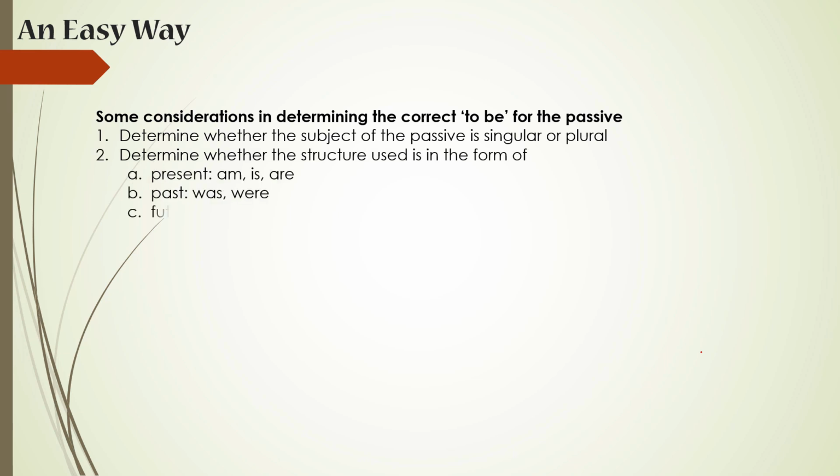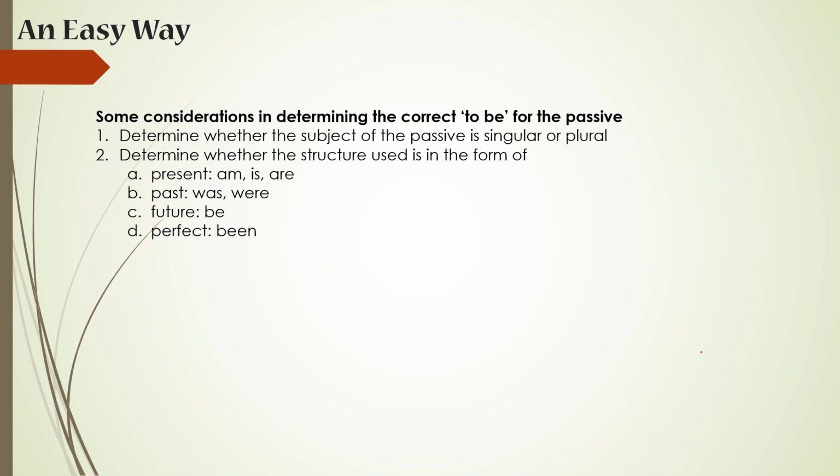And then determine whether the structure used is in the form of present. If the structure in the active sentence is in the form of present, the to be's that can be used are am, is, are. Am for first person, is for third person singular, are for third person plural.